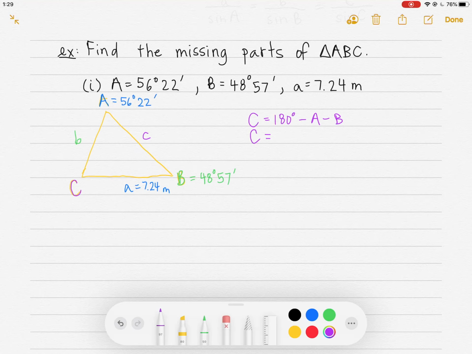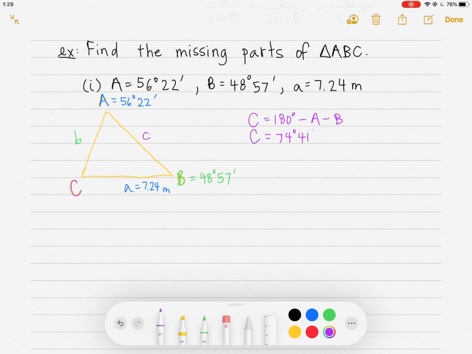Make sure that you're in degree mode. 180 minus 56 degrees, 22 minutes, minus 48 degrees, 57 minutes, and that is equal to 74 degrees, 41 minutes.